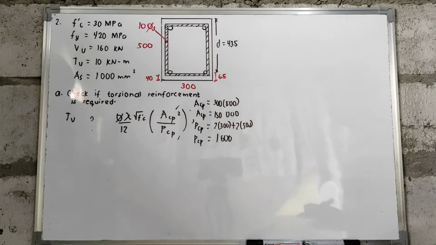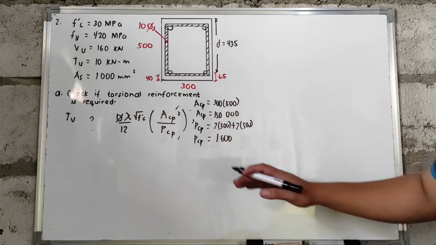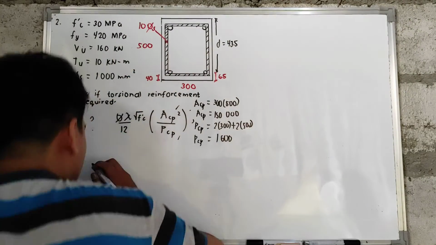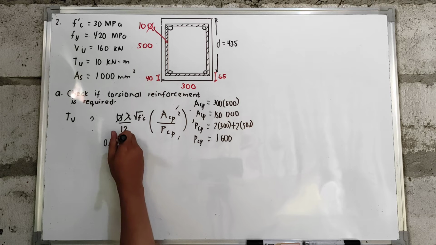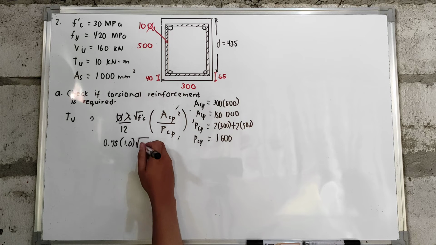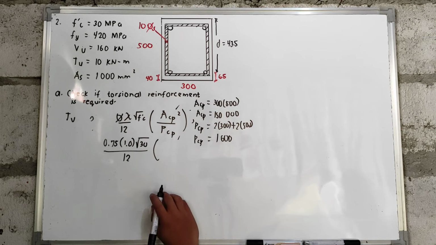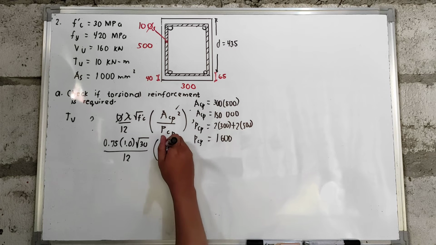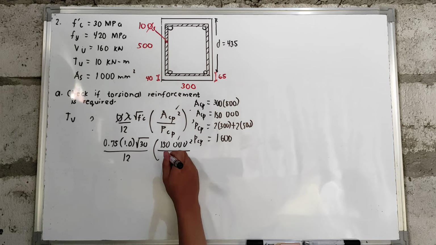So, for this one, meron na tayong value ng area at saka perimeter. We will just substitute yung mga values natin to the given formula. So, we have a value of your reduction factor na 0.75. Assume normal weight na 1.0. Square root of f'c na 13 over 12 over yung Acp natin, that is 150,000, i-square natin yan over Pcp natin na 1,600.